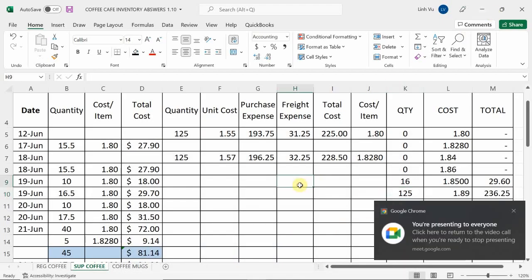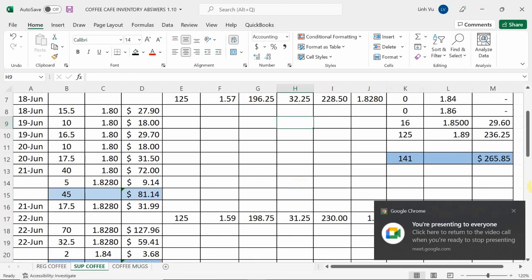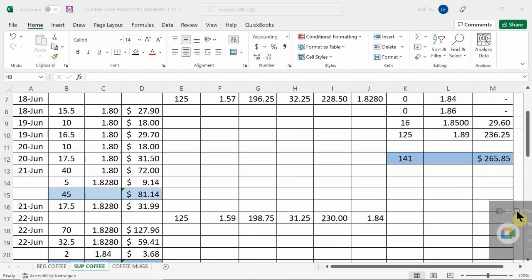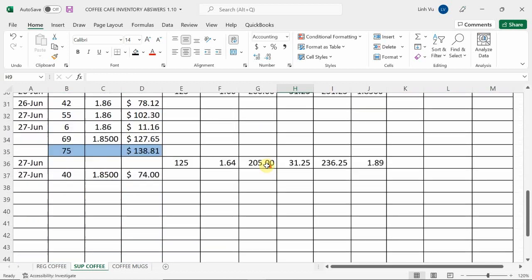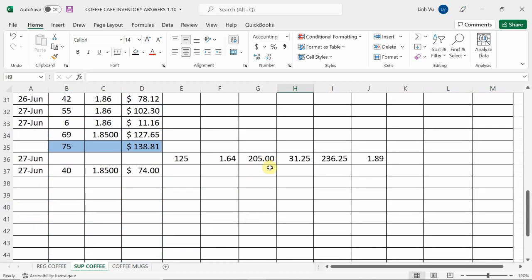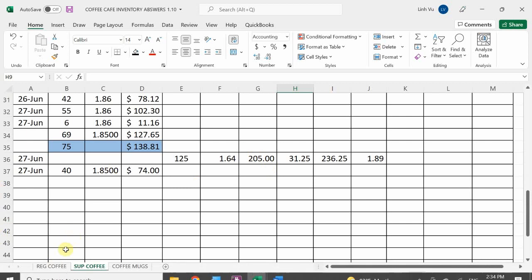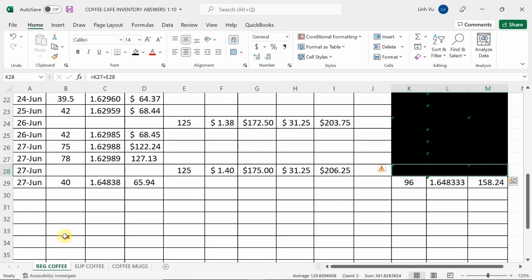Okay. So let's go ahead and update our inventory. I have a cost of goods sold of $74 for my Supreme coffee, and I have my regular coffee at $65.94.